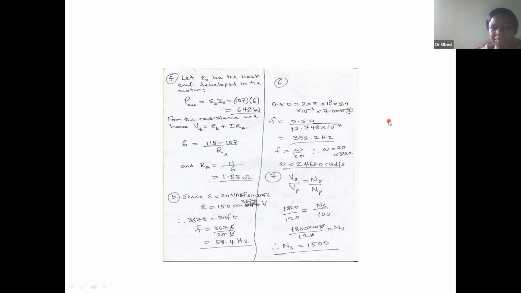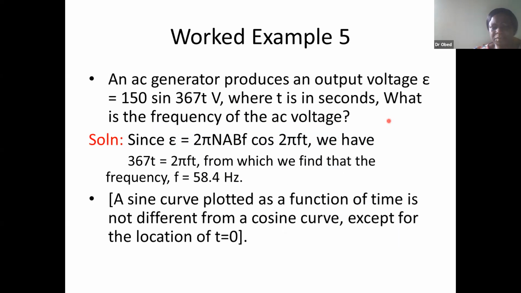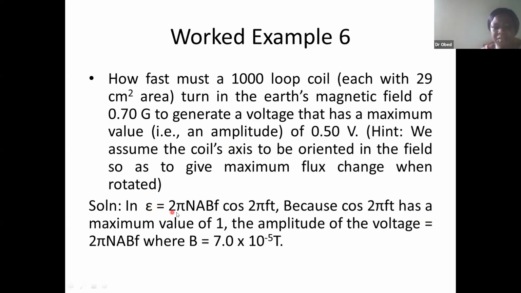Using the hint you are given, epsilon equals 2 pi N A B F, where F is the frequency, times cos 2 pi F t. Because cos 2 pi F t has a maximum value of 1, the amplitude of the voltage is epsilon equals 2 pi N A B F.